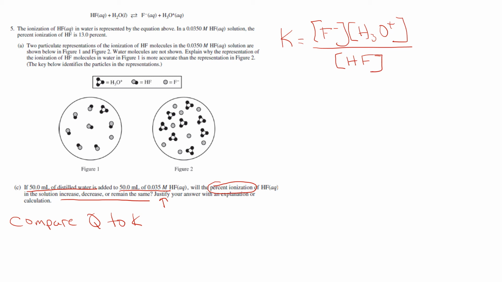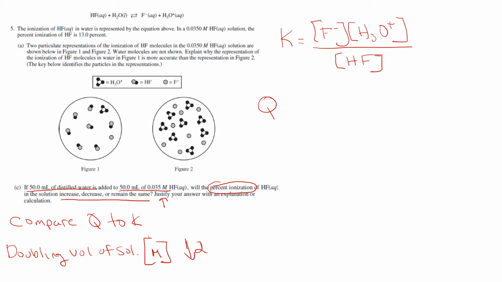Okay, now let's talk about our Q. So what's happening in our Q? If we're adding 50 mLs to our original, what we're doing is we are doubling the volume of our solution without changing the amount of solute at all, which means that our concentration or our molarity is going down by a factor of 2.